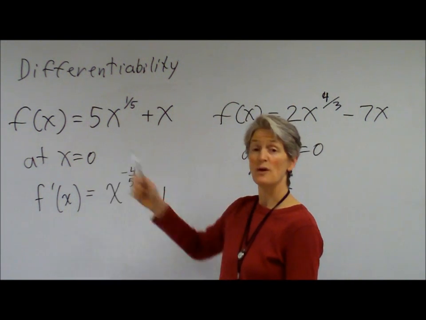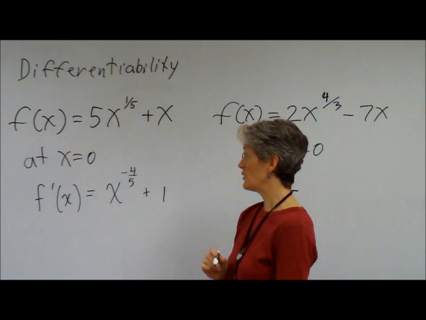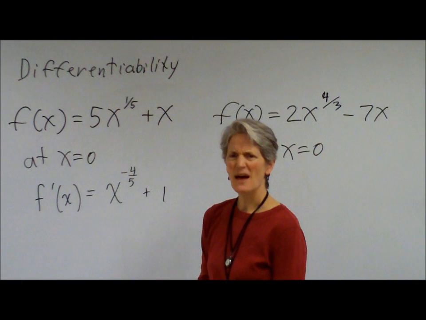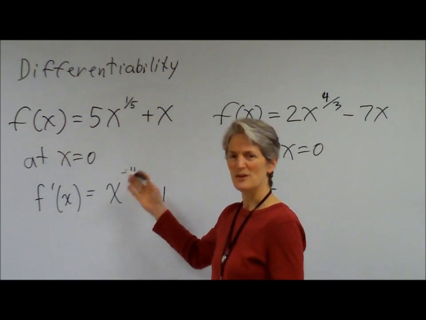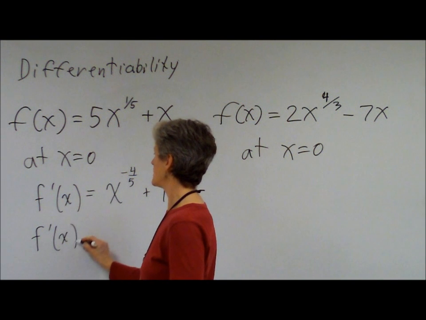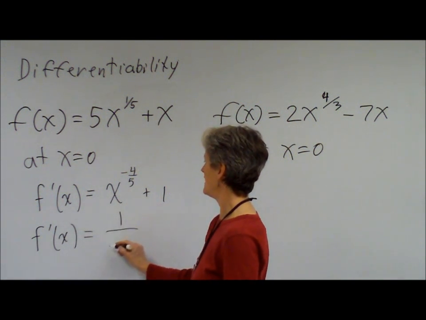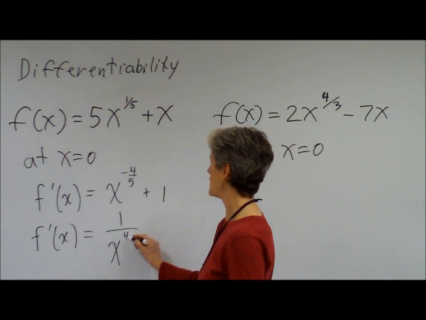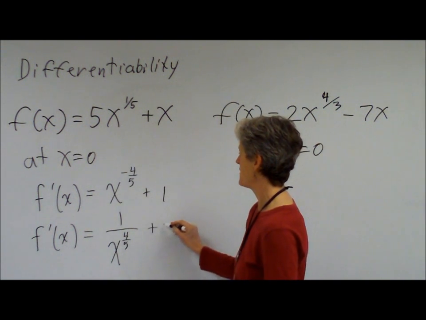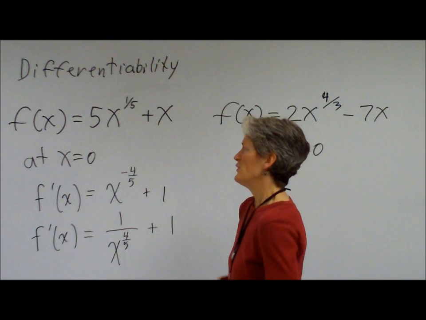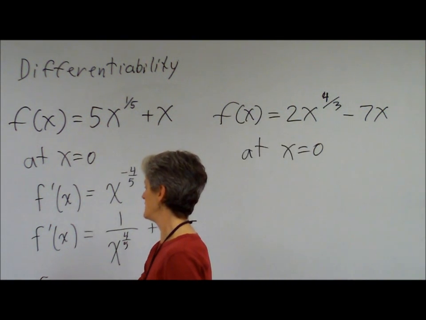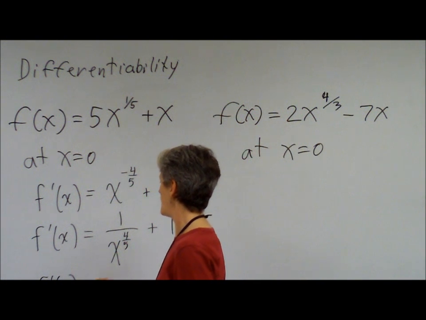I want to see if the derivative exists when x equals 0. Before I do that, maybe I'll rewrite this so I don't have a negative exponent. Sometimes it's easier to see what's going on without it. The negative exponent puts this down in the denominator, plus 1. So let's see if this derivative exists when x equals 0. We'll plug in 0.